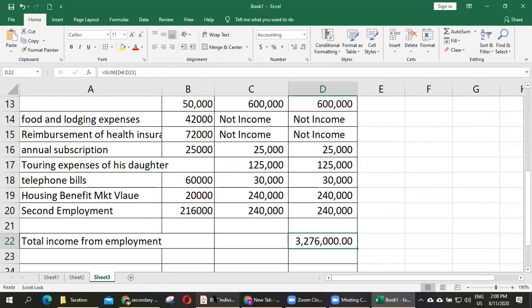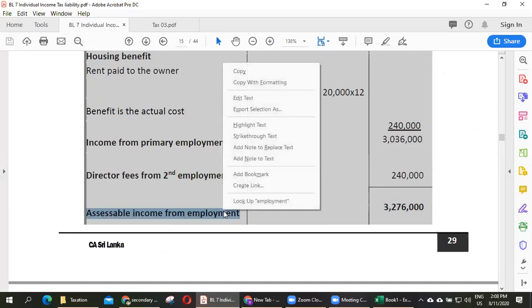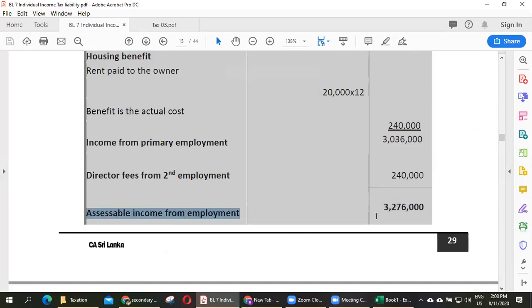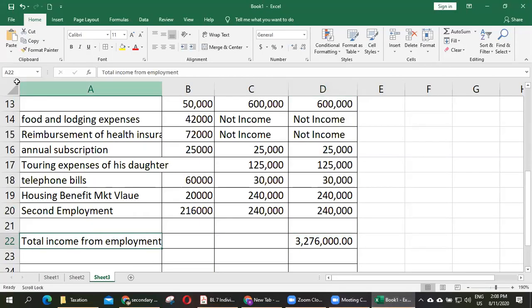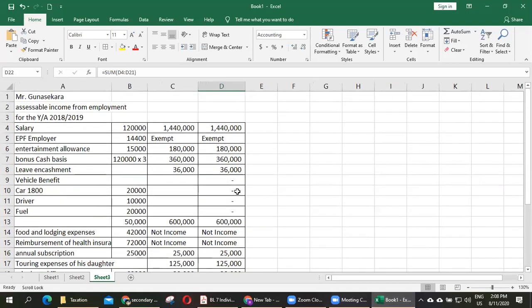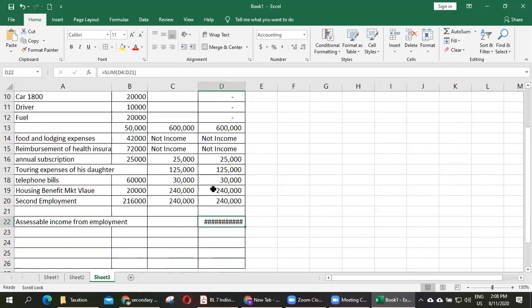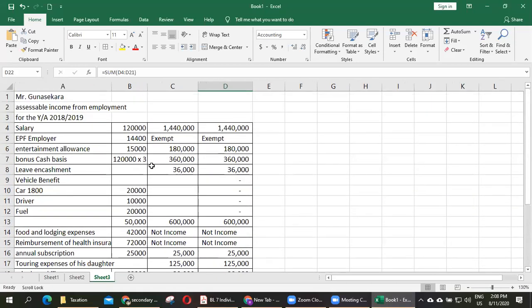Right? Check the answer. Assessable income from employment is 3,276,000. Assessable income from employment, right? Any questions? Any doubt? Any questions you can ask? Any unclear area?